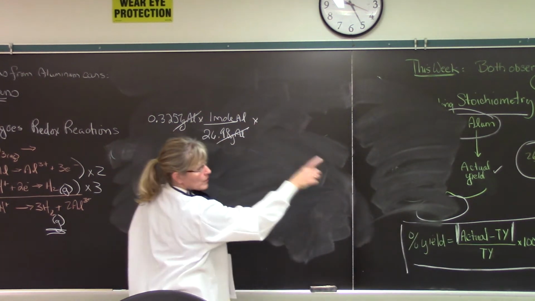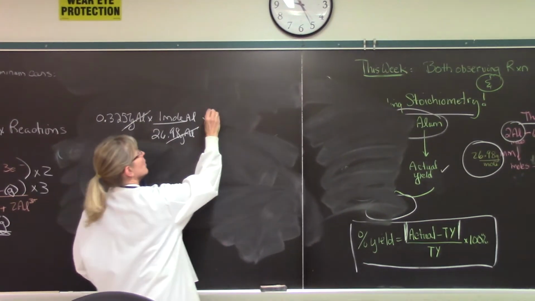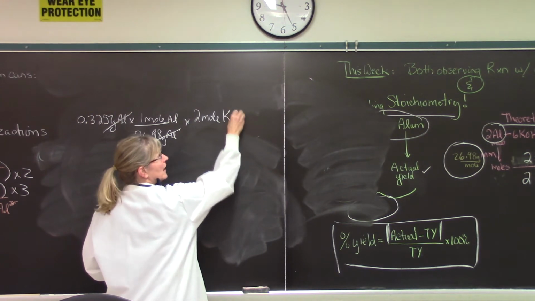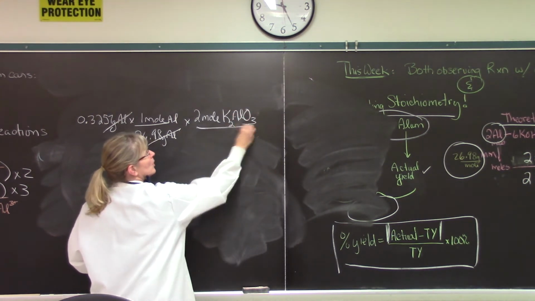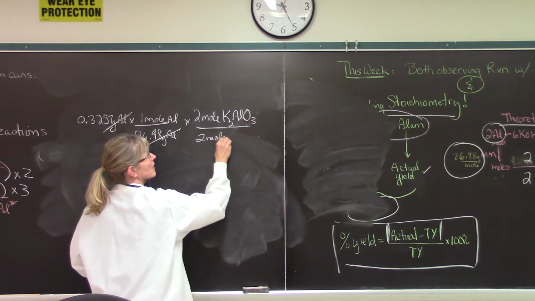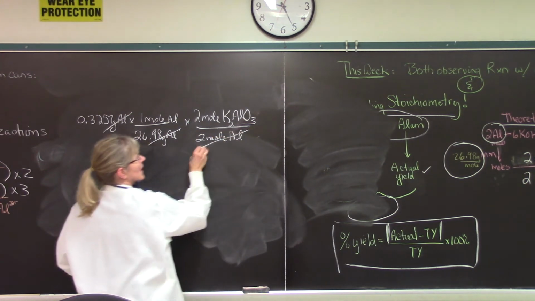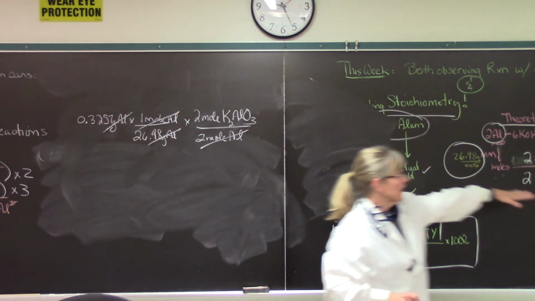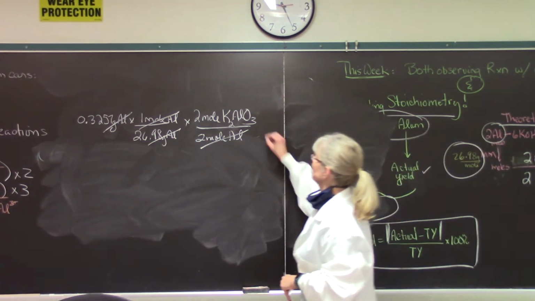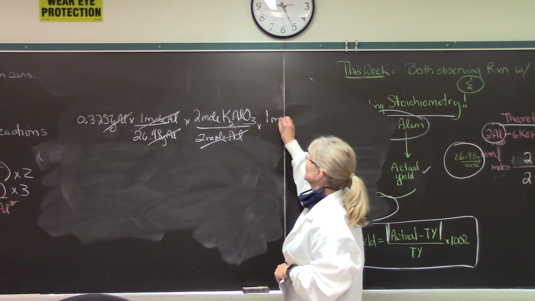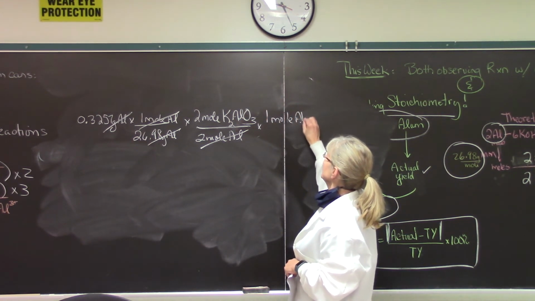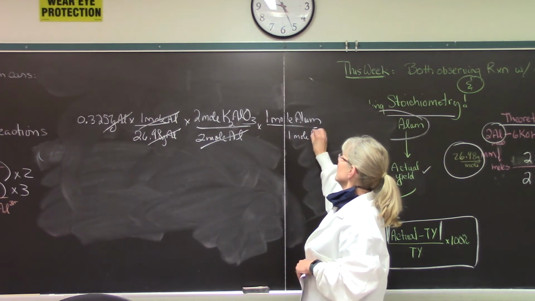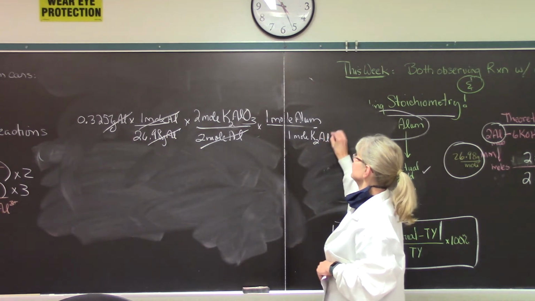Now I'm going to do my first molar ratio. 2 moles of potassium aluminate per 2 moles of aluminum. And my moles of aluminum cancel. Now I'm moving on to my second molar ratio. So 1 mole of alum per 1 mole of potassium aluminate.